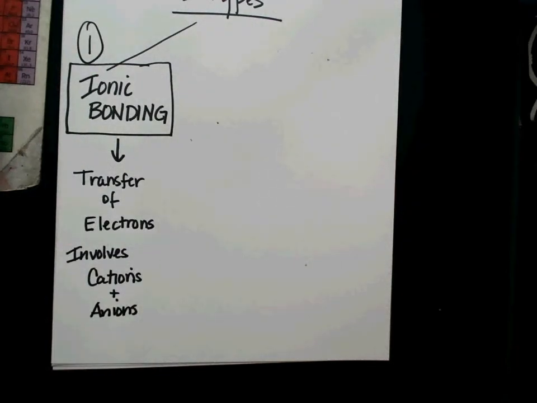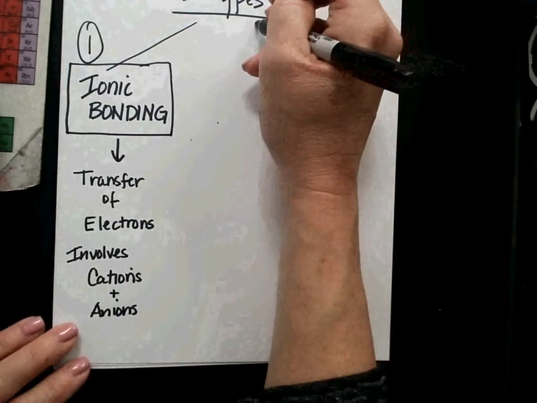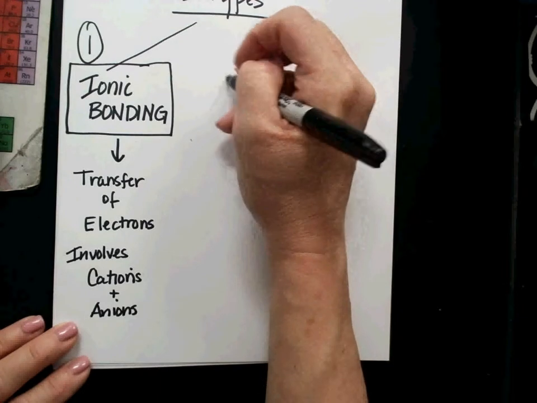Anybody know the name of the one where they share electrons? It's in your vocabulary. I'm sure of it. Maybe you should look. Help me out here. Got it, Connor? Covalent. Yay, it's covalent. So the second type is covalent.